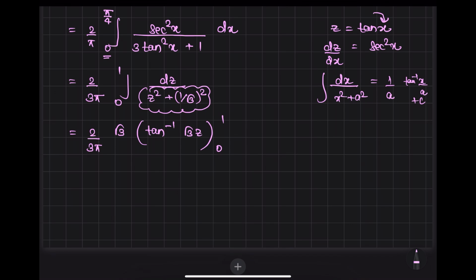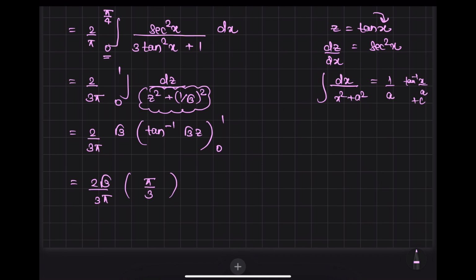If you apply the upper limit, you will be left with, let's write down this thing, 2 root 3 upon, sorry, this is 3 pi. Now if you apply the upper limit, you will be left with tan inverse root 3. So tan inverse root 3 is what? It is pi by 3. And then if you apply the lower limit 0, tan inverse 0 is 0, so minus 0.